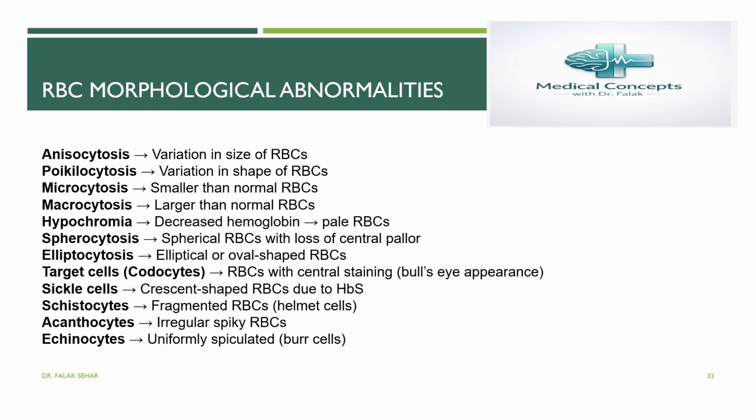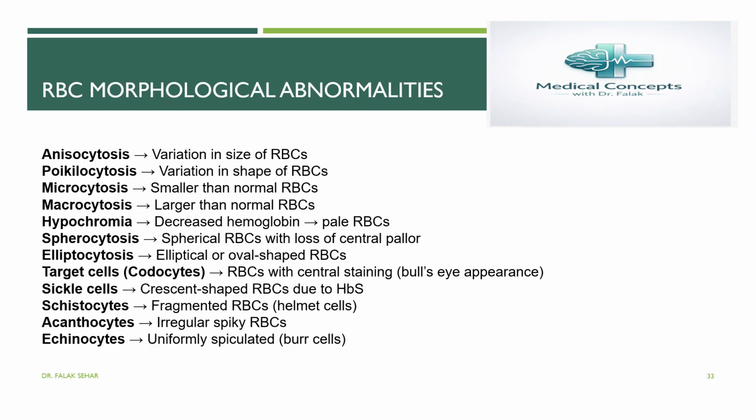Now a quick rapid review of the red blood cell morphology abnormalities. Anisocytosis means variation in size, while poikilocytosis means variation in shape. Microcytosis refers to smaller cells and macrocytosis to larger cells. Hypochromia indicates reduced hemoglobin, so the cells appear pale.